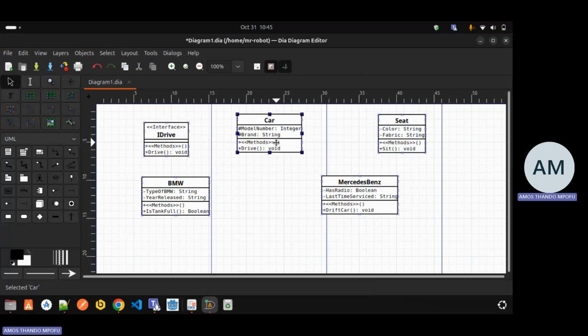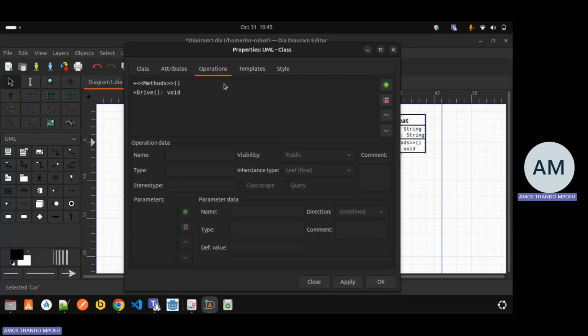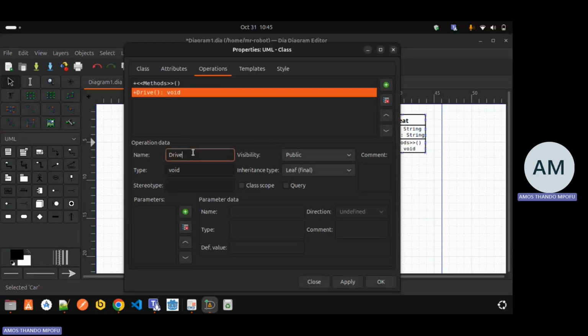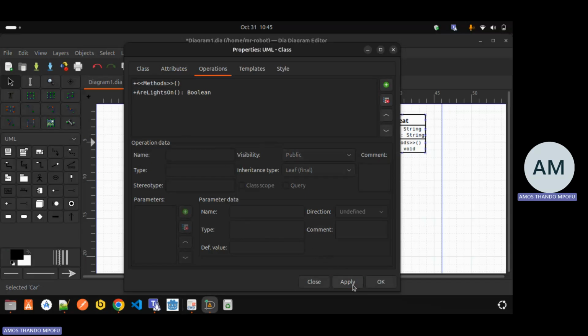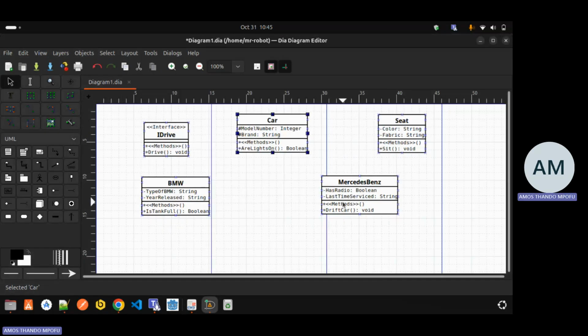So drive, and then here I just thought about something. The lights. You have a method that checks if lights are on. Are lights on? And then boolean. It just checks if the lights are on. You could also say is lights on, but English, it's fine.